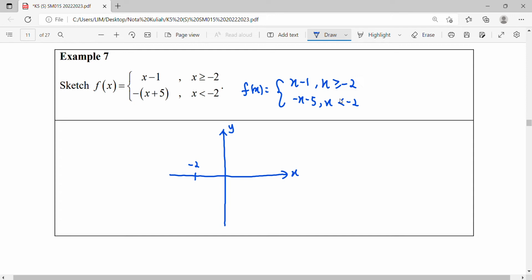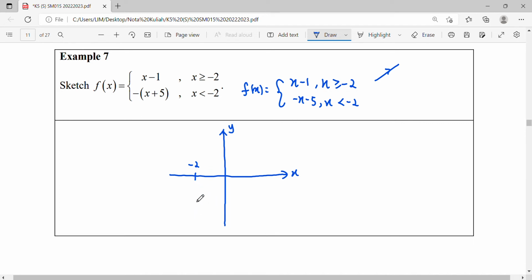So for the right-hand side, where x is greater than -2, we are going to draw x minus 1. It is a straight line, a linear function with positive gradient, meaning the line is going up, and it intersects at -1. So what's your starting point here?